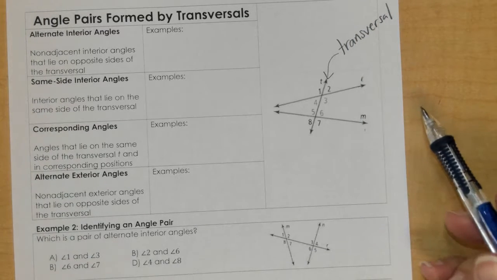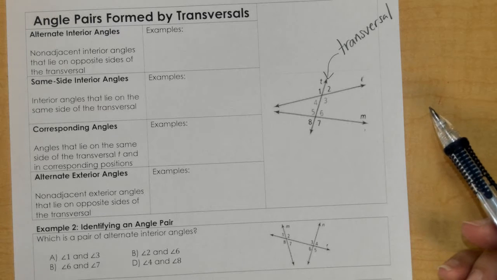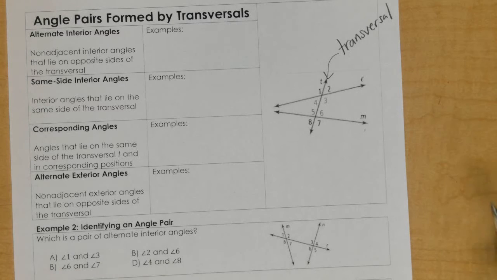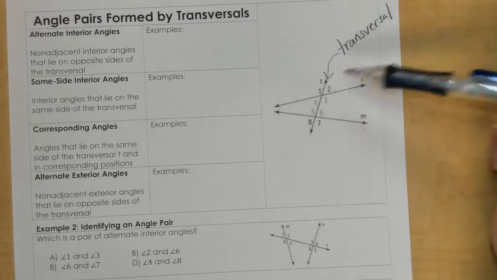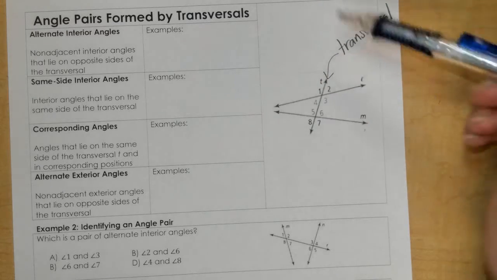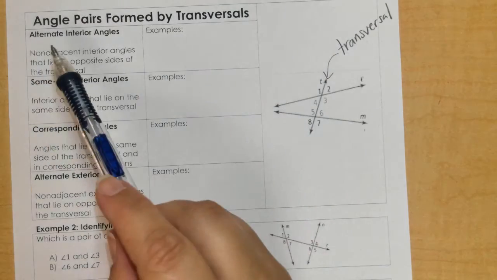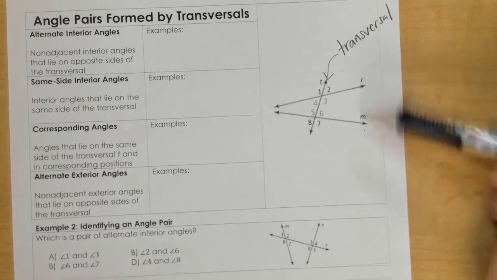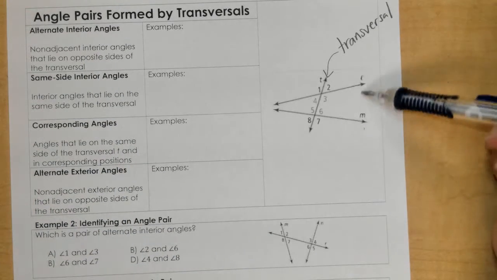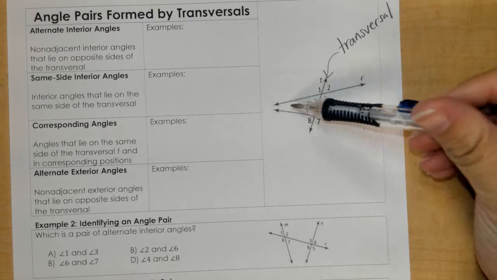And then we have a bunch of angle relationships here. So this is when we start talking about these different vocabulary terms for angles that are formed when there's a transversal drawn. And that transversal is where it cuts through here. So for example, alternate interior angles. So if you look at line L and M, this inside part is your interior.